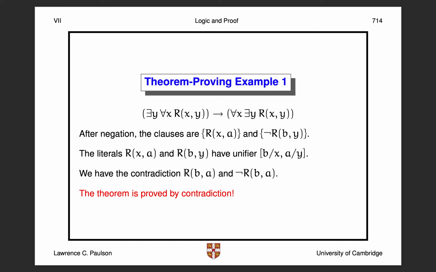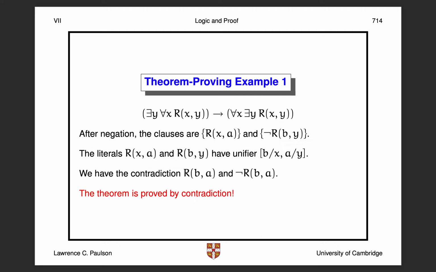Now let's see what happens through all the processes we've seen so far. We convert this to clauses having negated it. I assume you can do that for yourself. We do the skolemisation, and we get these two clauses right here. It's a worthwhile exercise for you to check that these are the two clauses you get.